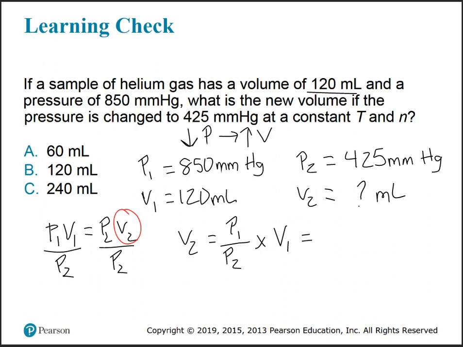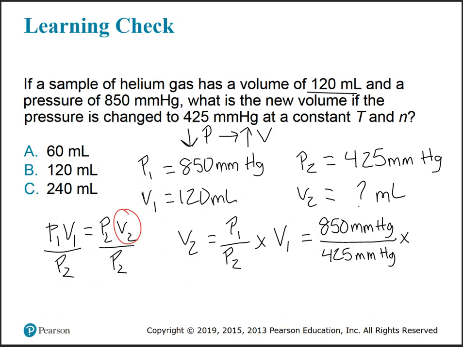That's exactly what I got. 240. When you fill it in, you should have 850 millimeters of mercury on the top. You're dividing by 425 millimeters of mercury.